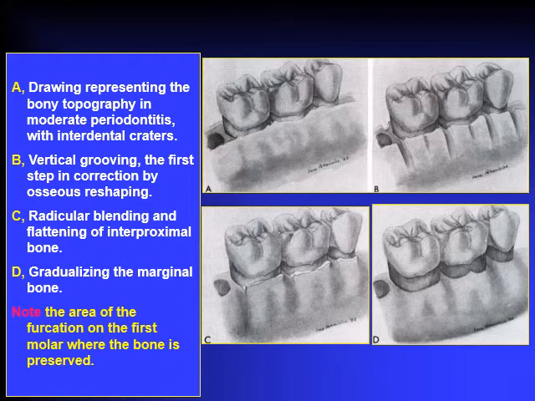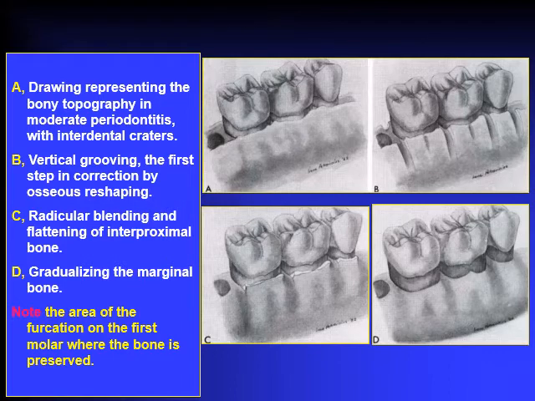Gradualizing of the radicular blending, radicular blending to make an even flowing thin radicular surface. So here we can't leave, as I mentioned to you, this shelf-like marginal bone. So we make here gradualization of the marginal bone over the roots, like we achieve this result in D.